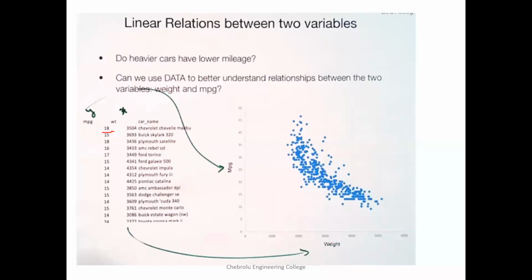For each weight, we calculate its miles per gallon. For example, 3,504 weight, 18 miles per gallon, comes somewhere here. This is our point.